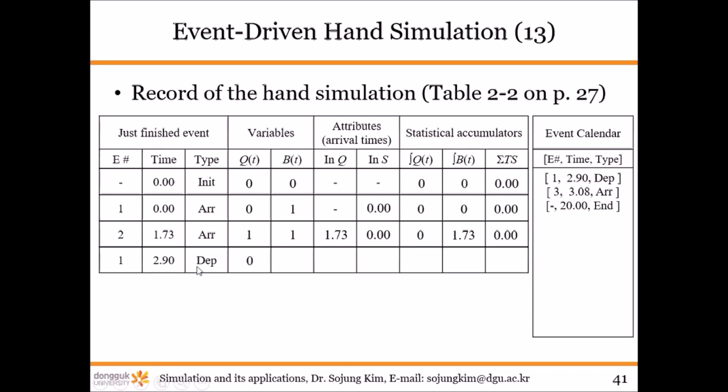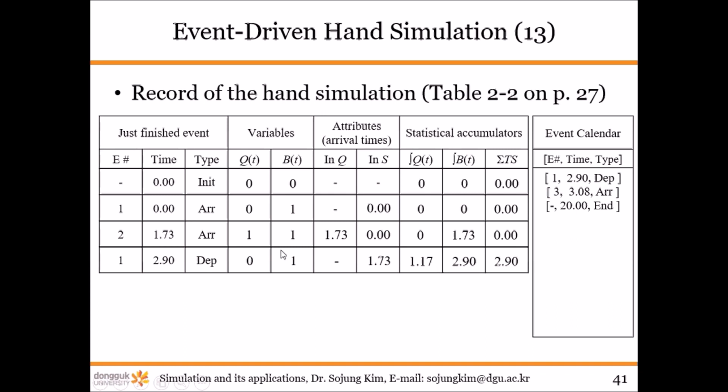Next, there is a departure event at 2.9, and when the first entity leaves the system, the second entity will enter the server, right? And then this value will be nothing, and so the arrival time of the second entity in the server is 1.73. And now because the first entity leaves the system, we have a value for the total time in system, 2.9 here, and 1.17 will be calculated. How?